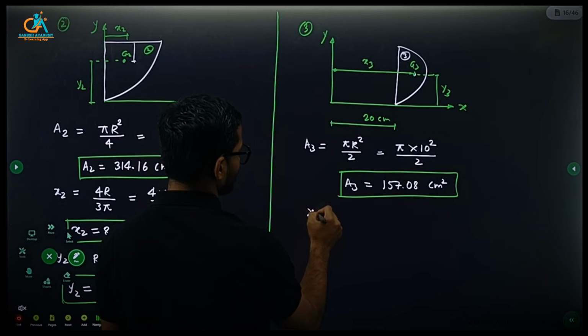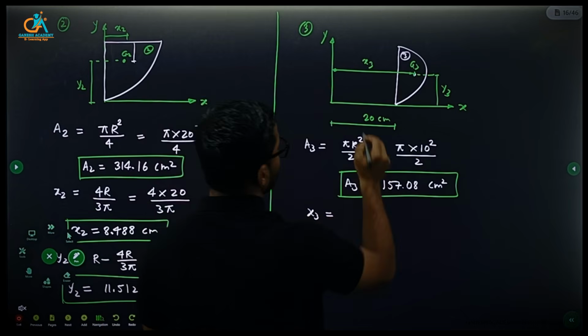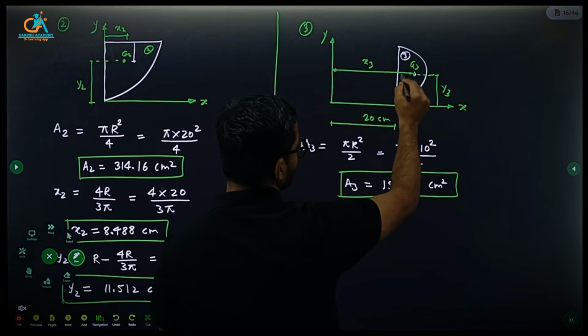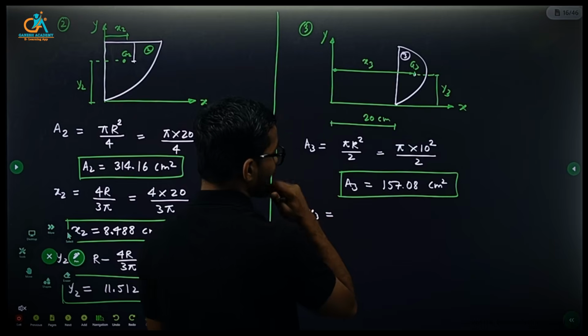Then x3: this is 20 plus this distance, which is 4r by 3 pi, where the radius for this is different, 10.